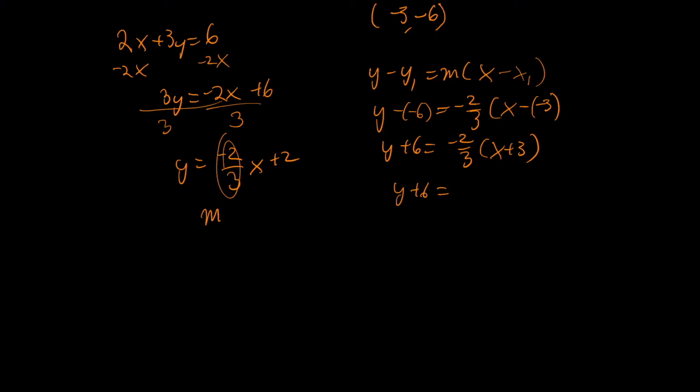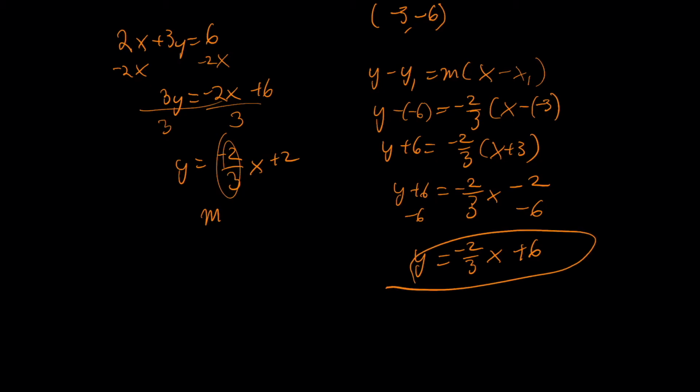Y plus 6 equals negative 2/3 x. Negative 2/3 times 3, my 3's are going to cancel. It's going to give me minus 2. I subtract 6 from both sides. I get y equals negative 2/3 x plus 6. So this line right here is parallel to this line, but it goes through this point. You can see that they differ by their y-intercepts.